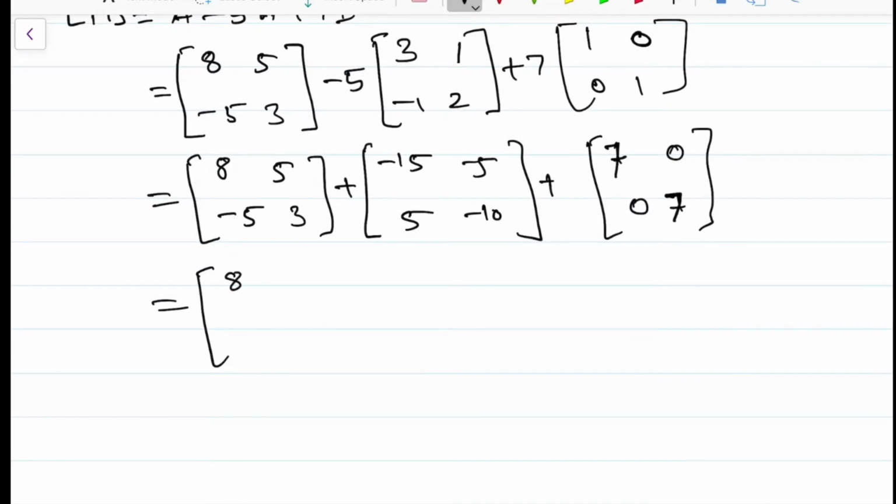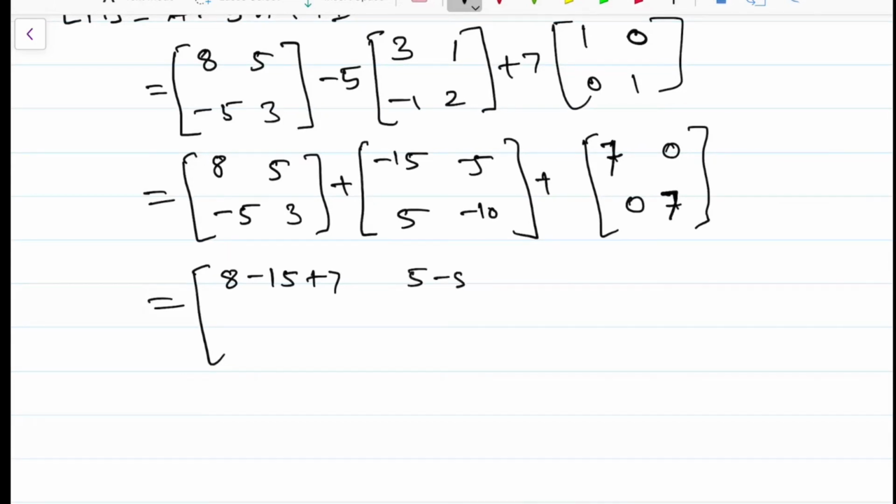Now the sum will be equal to, we'll add the corresponding elements. 8 minus 15 plus 7, first element. The second element will be 5 minus 5 plus 0. The first element of the second row will be -5 plus 5 plus 0.